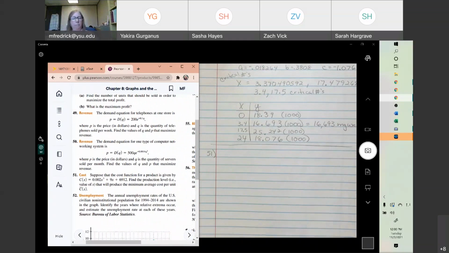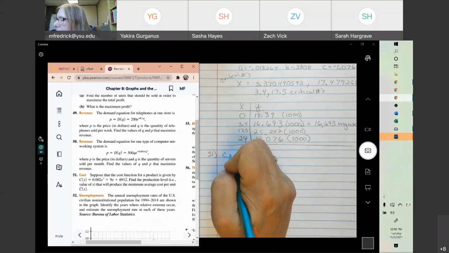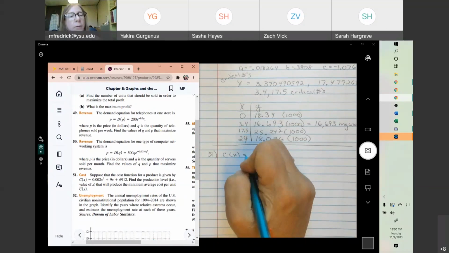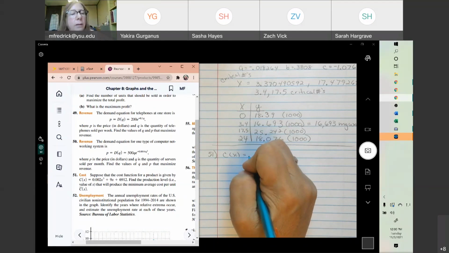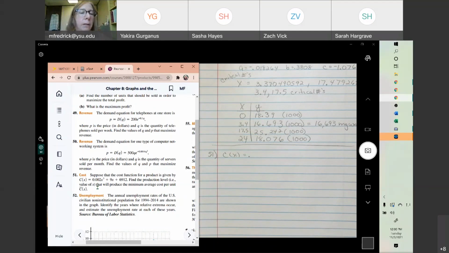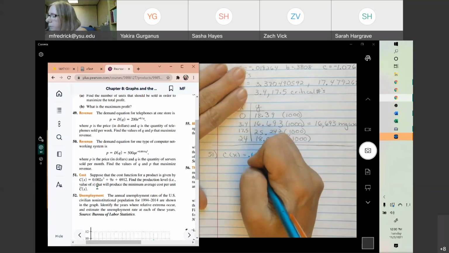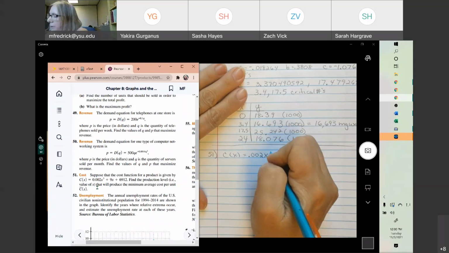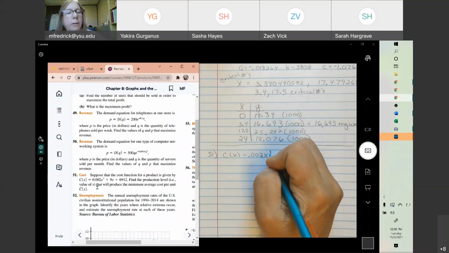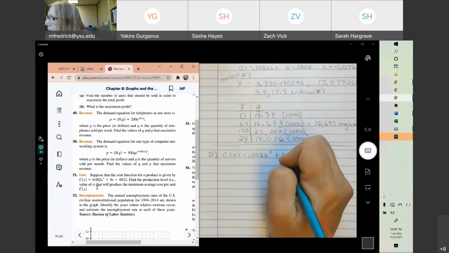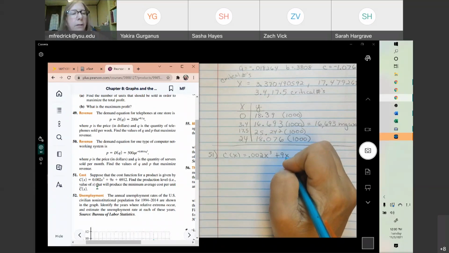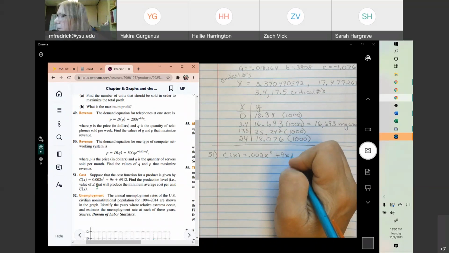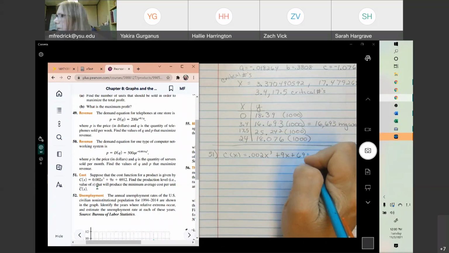Number 51. 51 states, suppose that the cost function for a product is given by C of x equals 0.002x cubed plus 9x plus 6912.